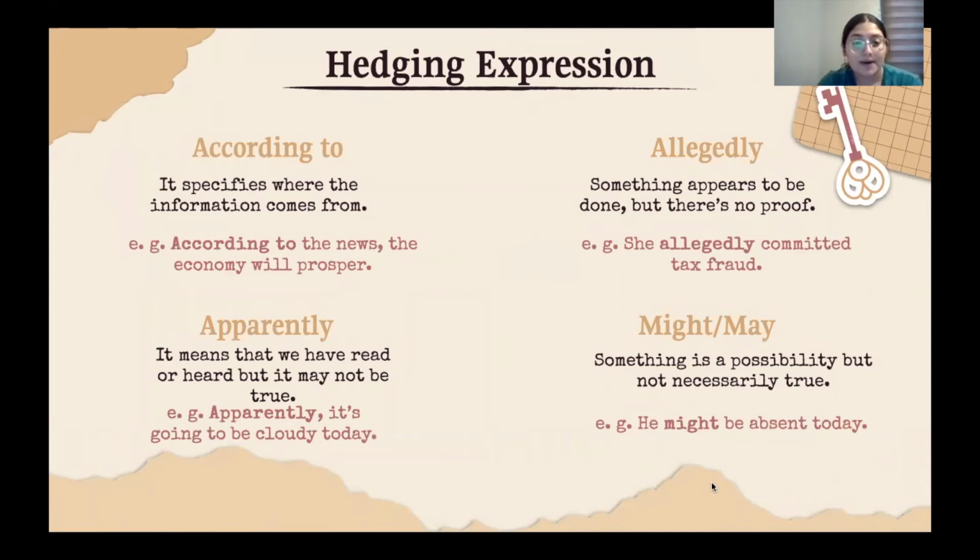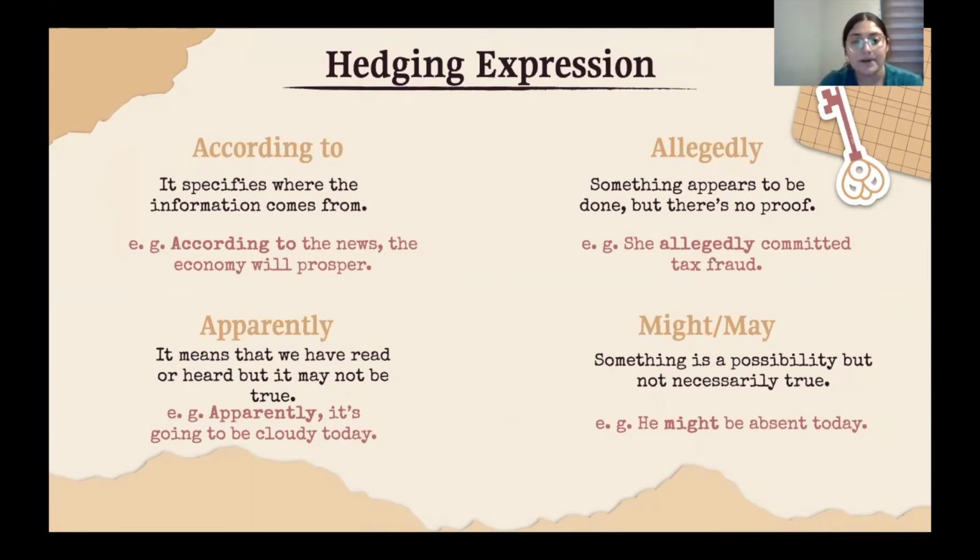And next we have hedging expressions, like the first one, according to. According to helps us to specify where information comes from, to give the source directly. Like, according to the news, the economy will prosper. In this example, we are saying that the source for what we say is the news.